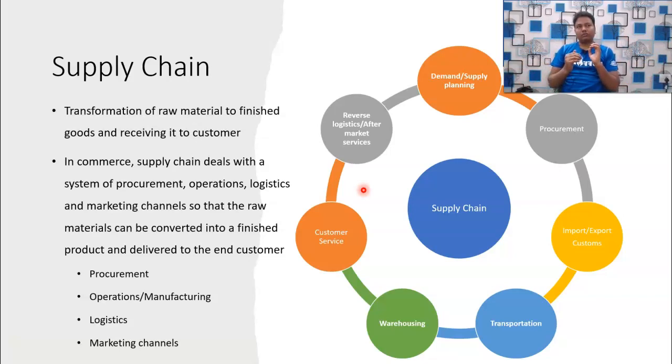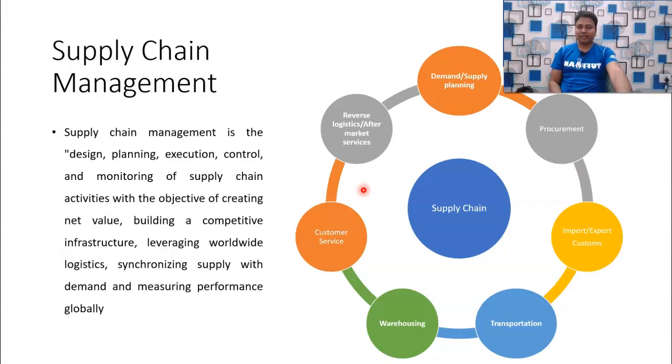Just to ensure all the different functions are working in the right way, it is called a chain, because of this chain only they are tied up. So you can now understand the supply chain. Then why management? Let us talk about management in the next slide.